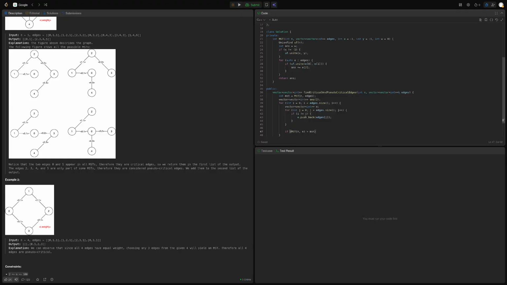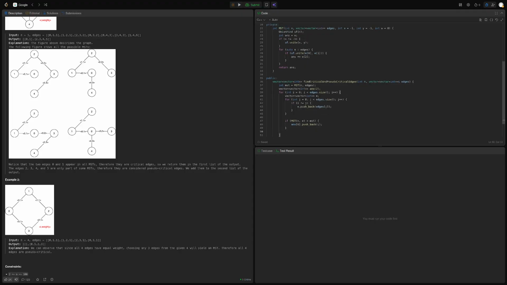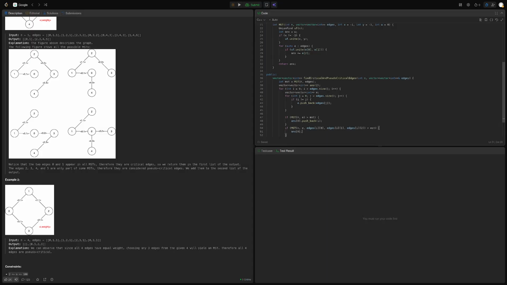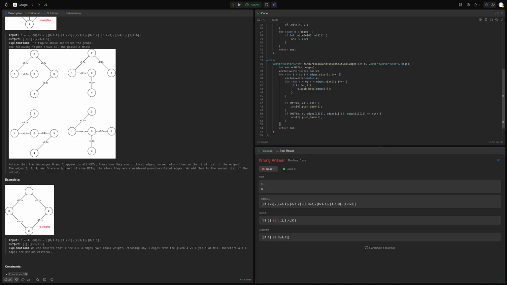If it's over the MST of the original graph, then ans 0 push back I. And now if MST of edges I0, edges I1, edges I2, and if we include that and it's over MST, right, then ans 0 push back. If it is equal to this, then ans 1, we also need that edge. Return ans maybe.